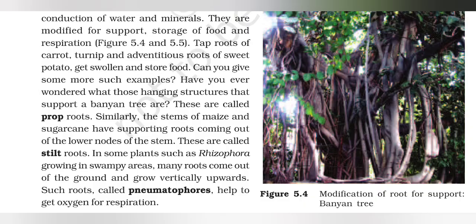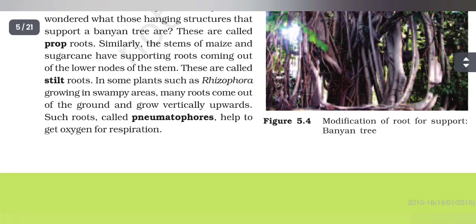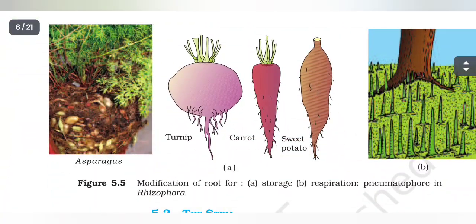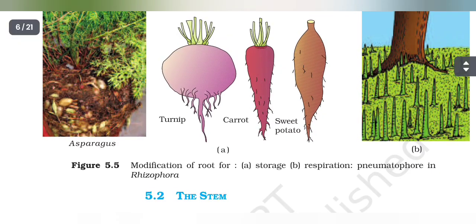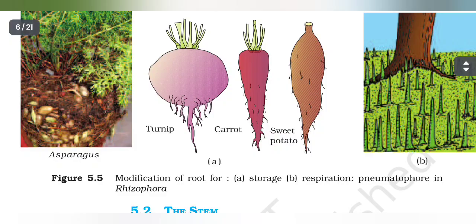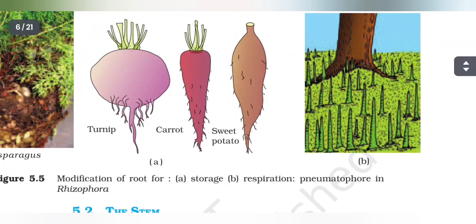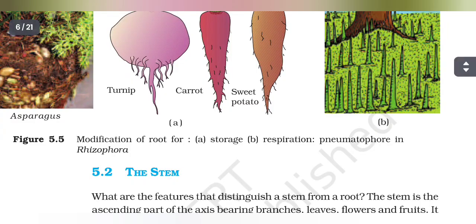Such roots, called pneumatophores, help to get oxygen for respiration. Modification of root for storage in turnip, carrot, sweet potato. For respiration, pneumatophore in Rhizophora.